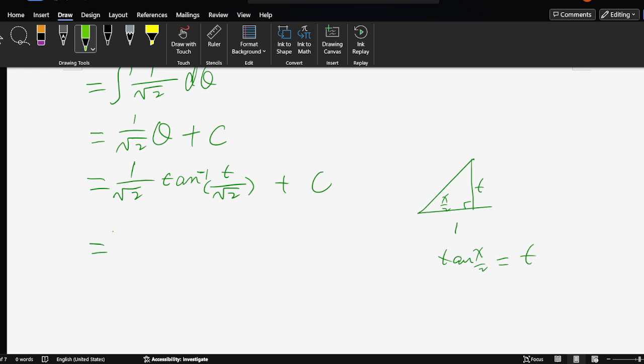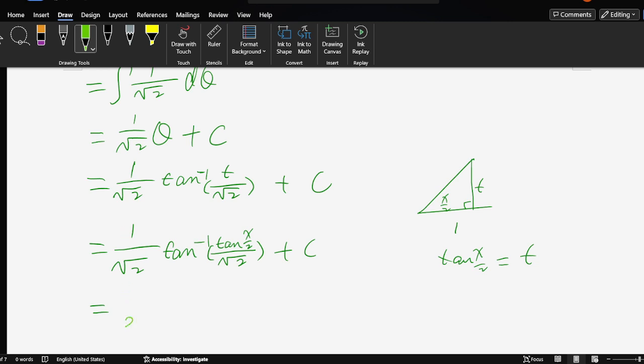So we rewrite 1 over the square root of 2 arctangent of t over the square root of 2, where t is tangent x over 2. Then plus c, we can simplify here.